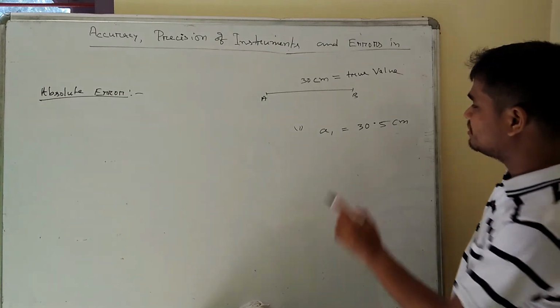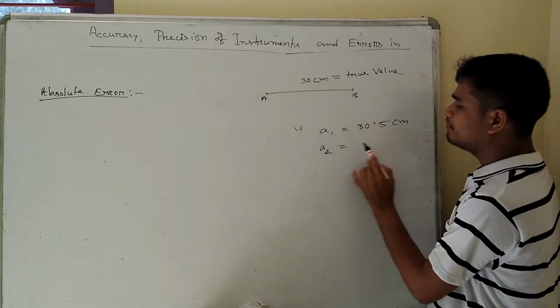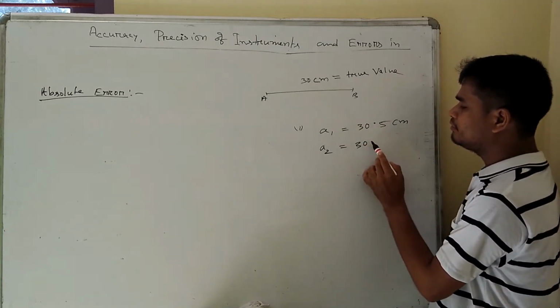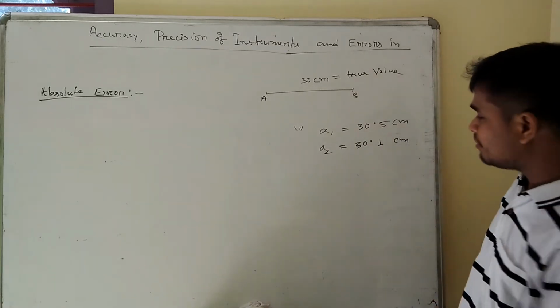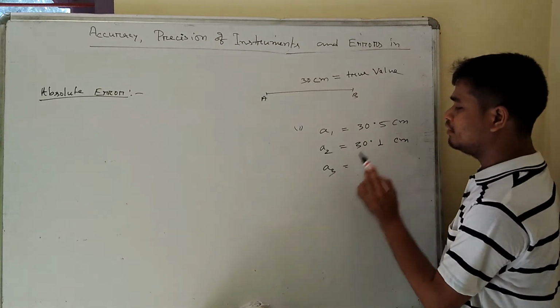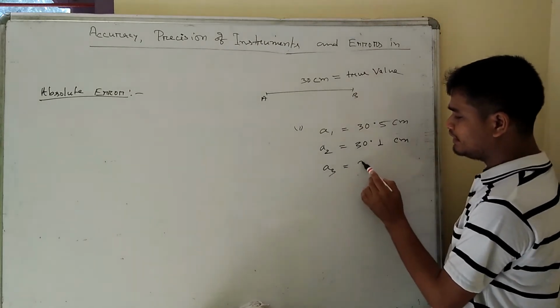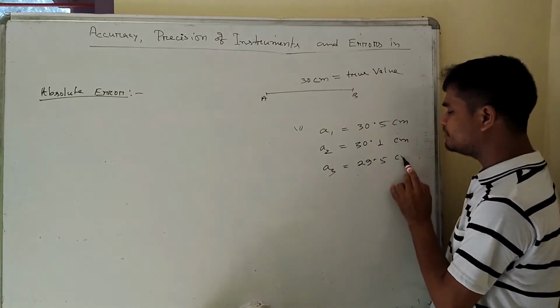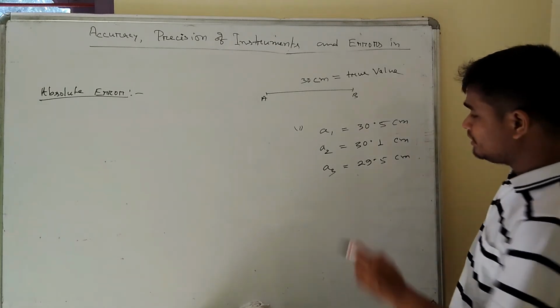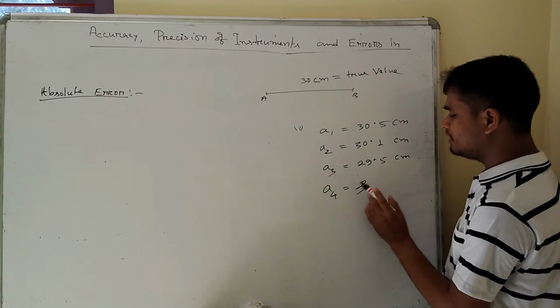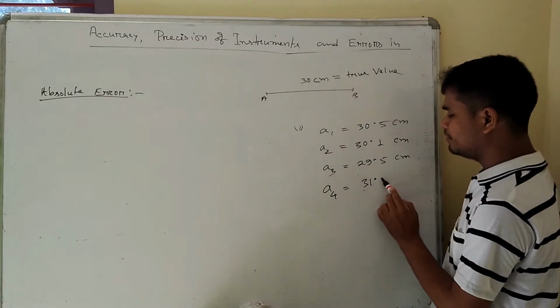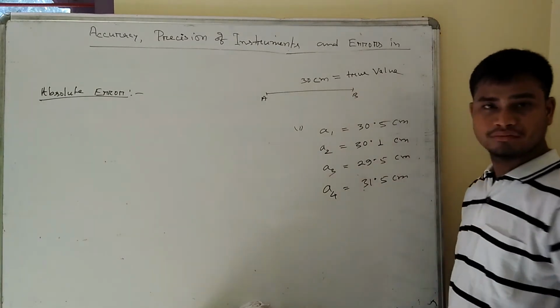Next, another boy measures the object and gets 30.1 centimeter. Next, another boy measures the object and gets the value as 29.5 centimeter. Another boy measures and gets 31.5 centimeter.